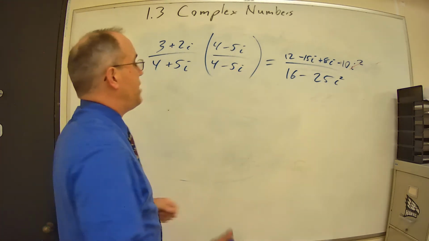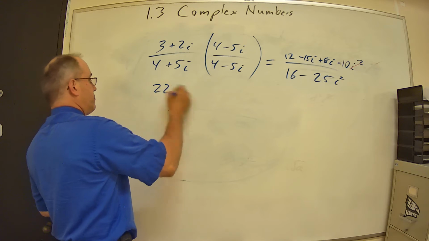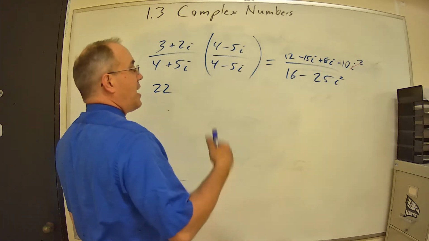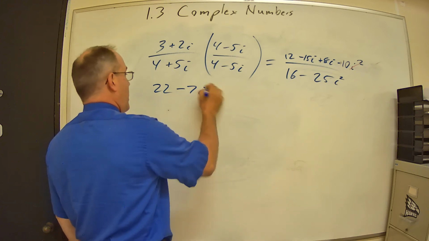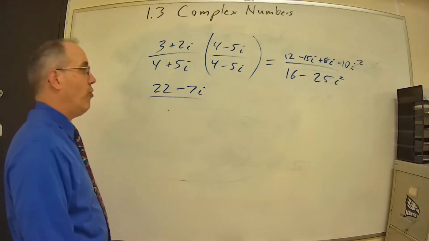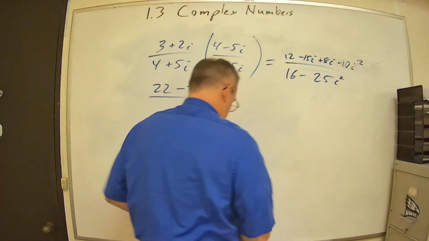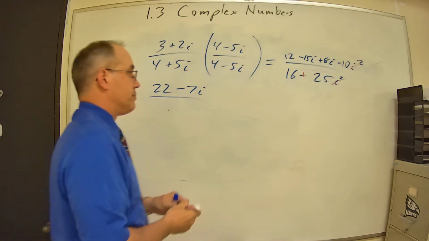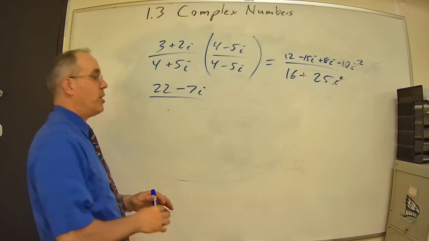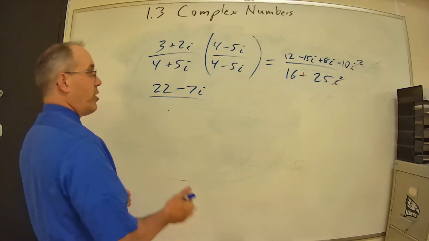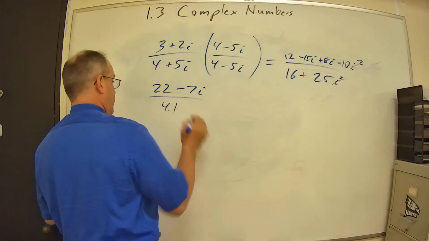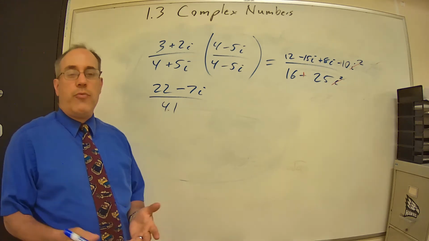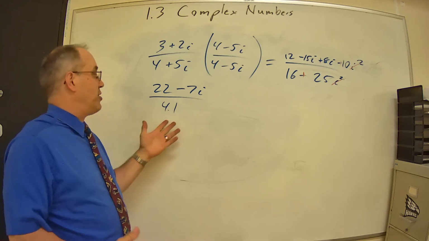So 12 plus 10 is 22. Minus 15i plus 8i gives us minus 7i. Over 16 plus 25, which is 41. Now we can stop right there, but really what we like to do is get back to a complex number.